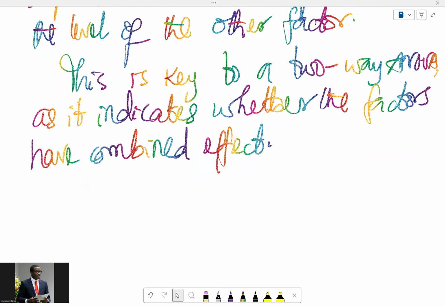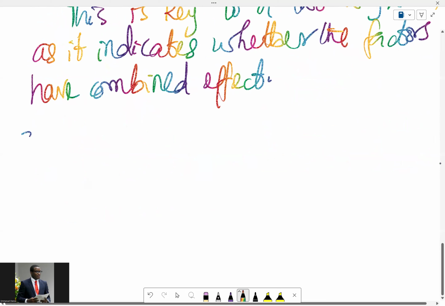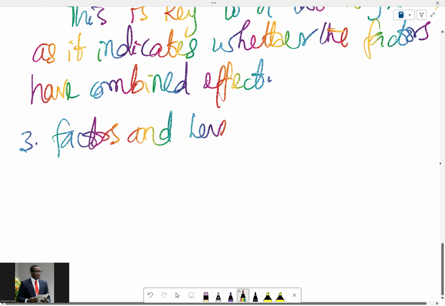Okay, let's talk about factors and levels now. Another thing to talk about under two-way ANOVA is the factors and levels.